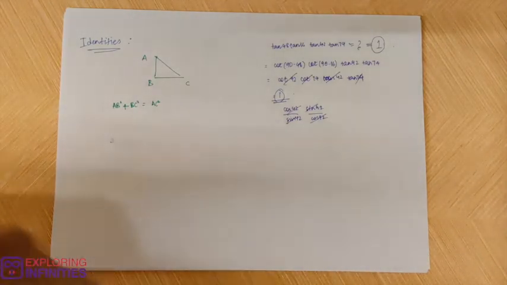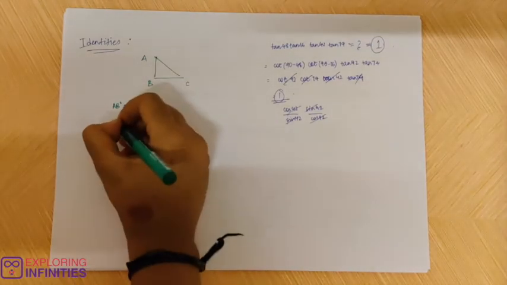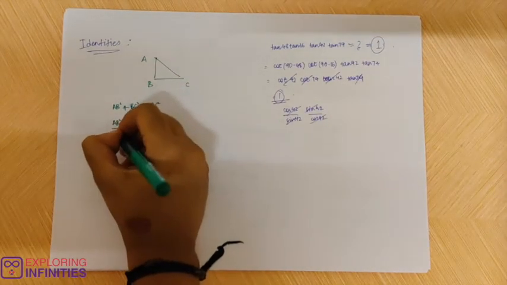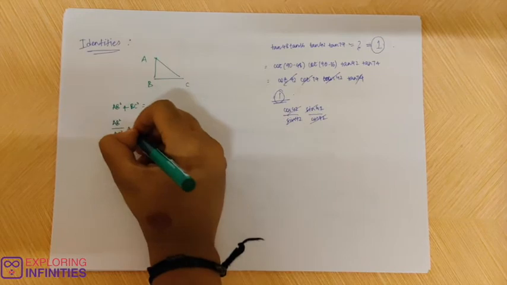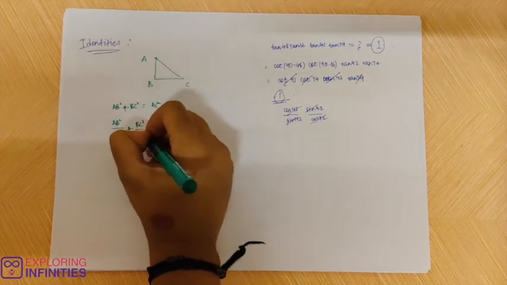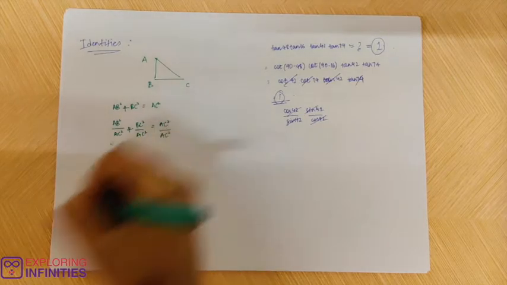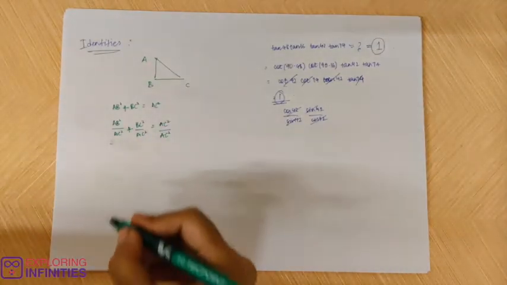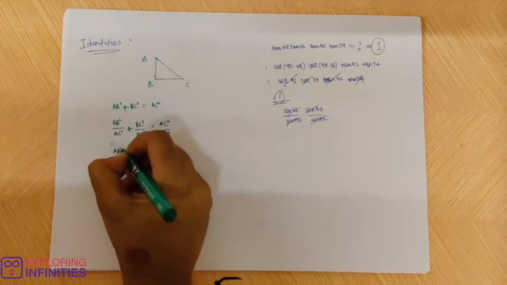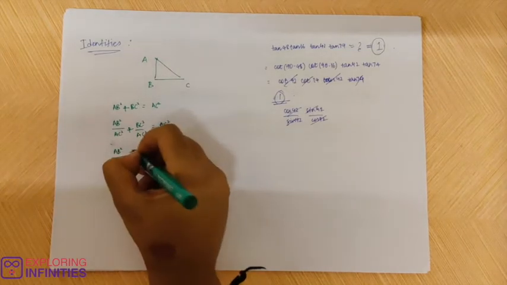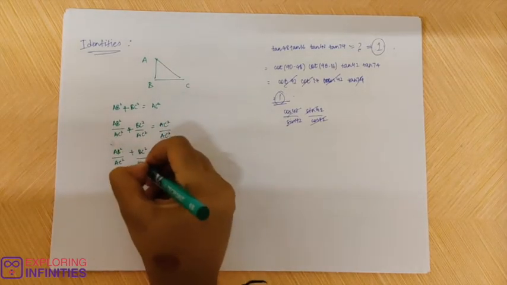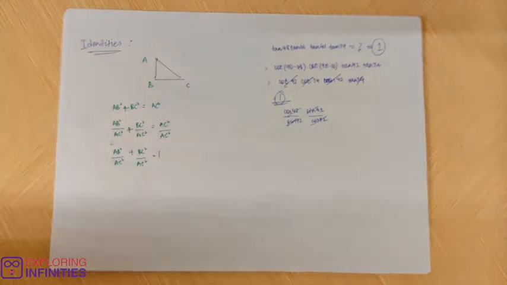Now let's divide this whole thing by AC square. So what do we get? AB square by AC square plus BC square by AC square is equal to AC square by AC square. So what will that be? AB square by AC square plus BC square by AC square is equal to 1.